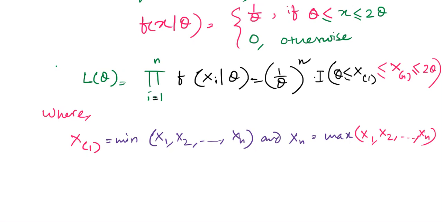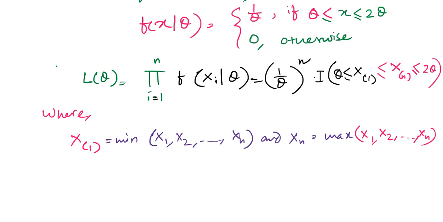Okay, so now we can find the MLE, means maximum likelihood estimator. So to maximize the likelihood function, हमको क्या करना पड़ेगा? We need to maximize L theta with respect to theta.